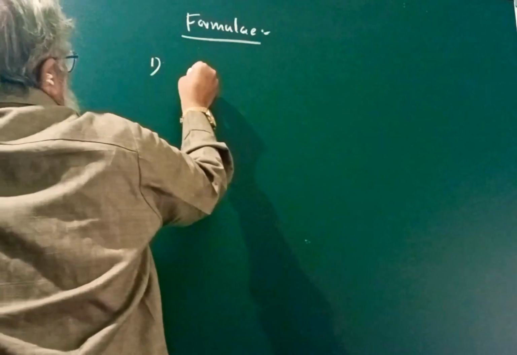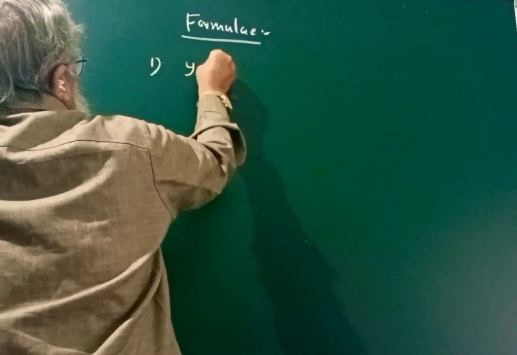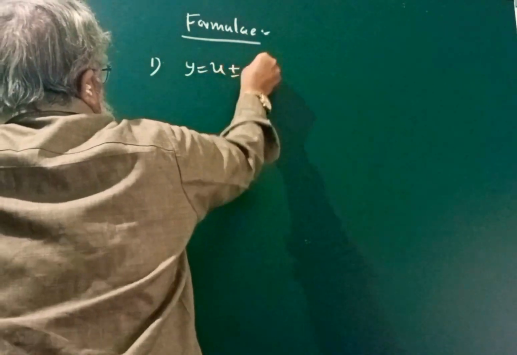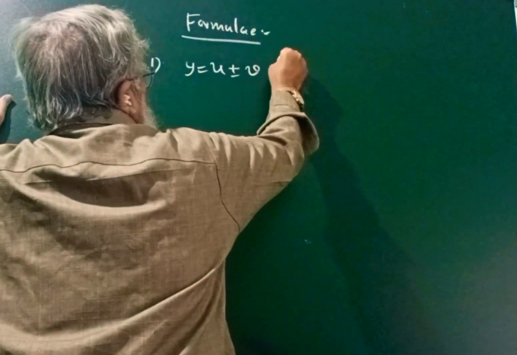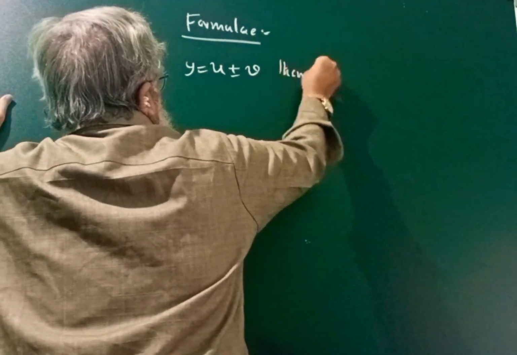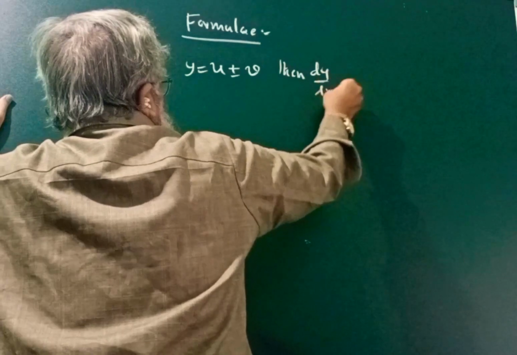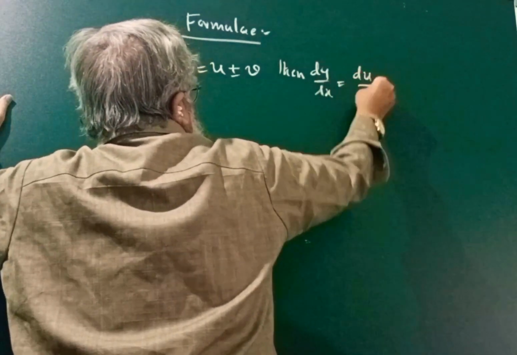First, sum or difference. That is, if y is equal to u plus or minus v, where u and v are differentiable functions, then their derivative is given by dy by dx is equal to du by dx plus or minus dv by dx.